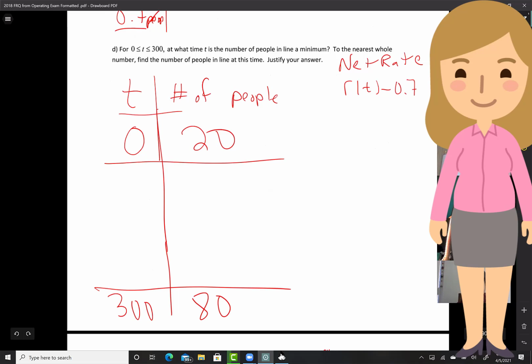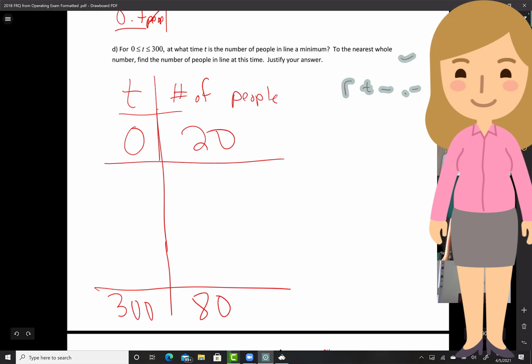The R of t is the rate going in. The 0.7 is the rate going out. Do you guys agree? This is what I'm going to try to find. Well, okay, that's not what I'm trying to find. I'm trying to find a max or min for the number of people. All right, let me get an equation for the number of people.